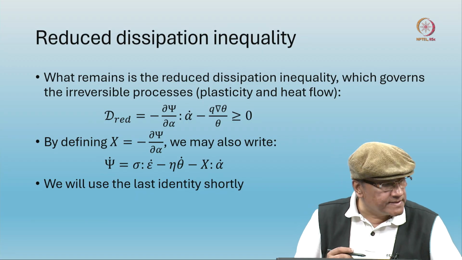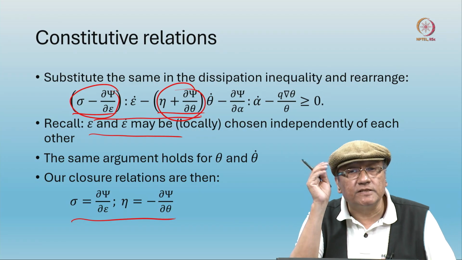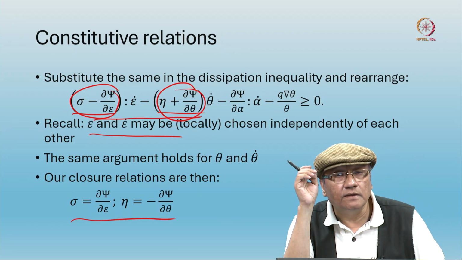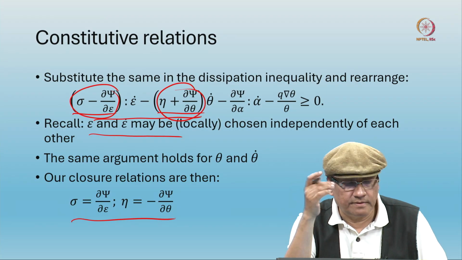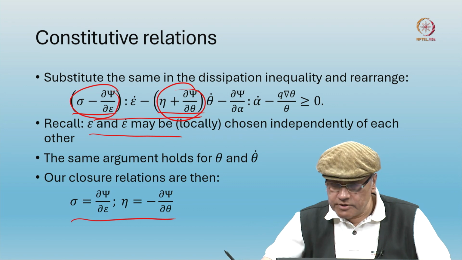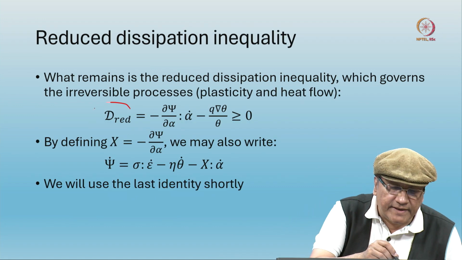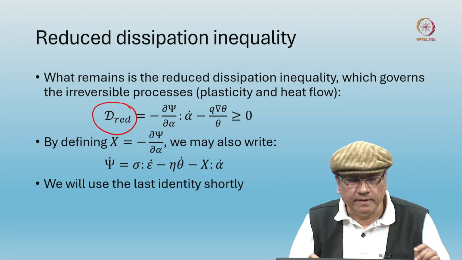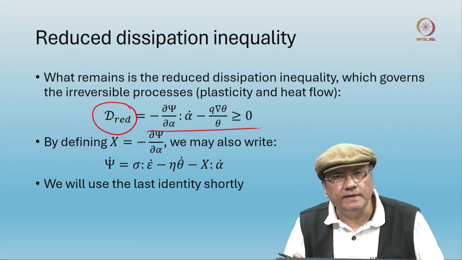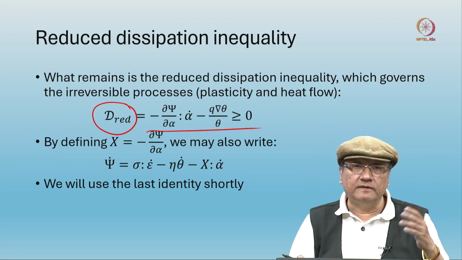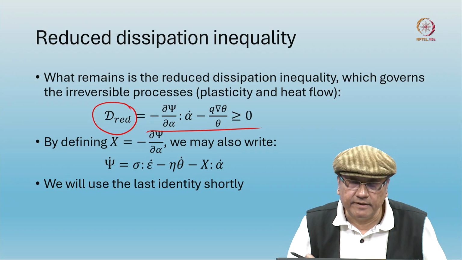Then, if these are the cases, we see that these first two terms in the expression for the dissipation do not create any dissipation per se, because these are all zeros. So, the other two terms must be creating some dissipation. Therefore, we can write the reduced dissipation inequality by removing the first two terms and retaining the rest, which is here: minus del psi by del alpha alpha dot minus q dot grad theta divided by theta.